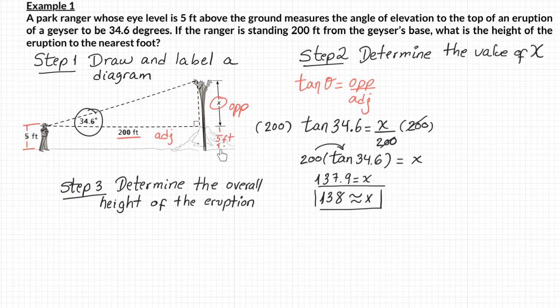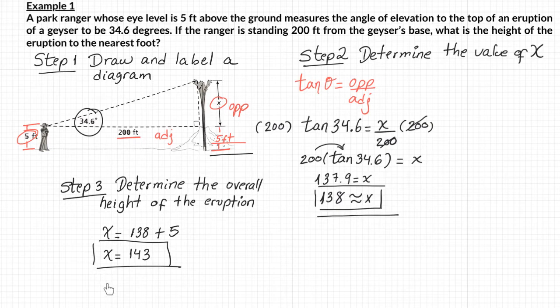So you're gonna add this height. So it's gonna be 138 plus 5. So that is 143, okay? So that's the height of the eruption to the nearest foot.